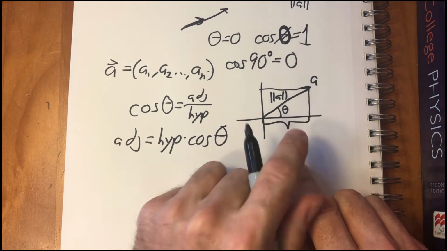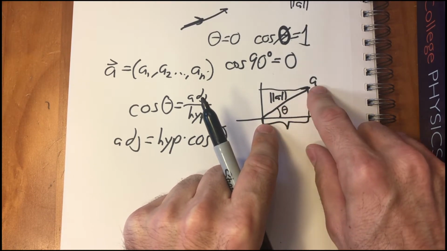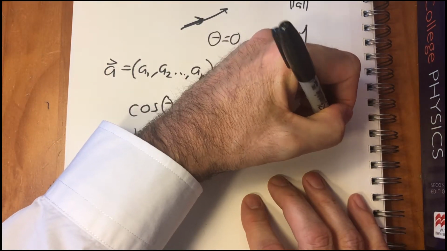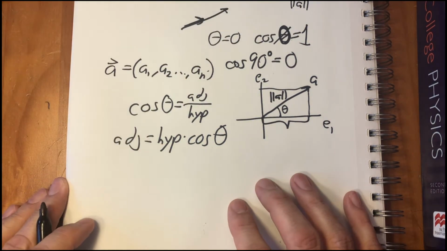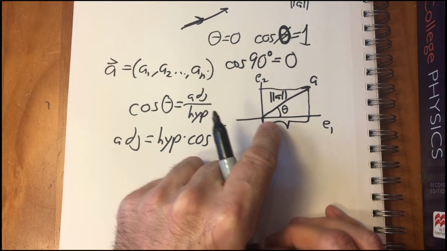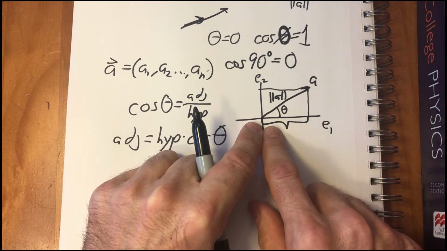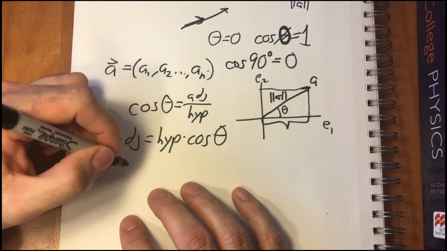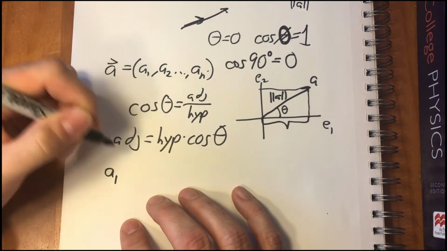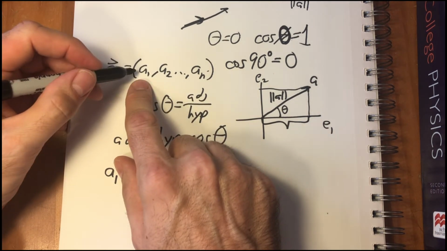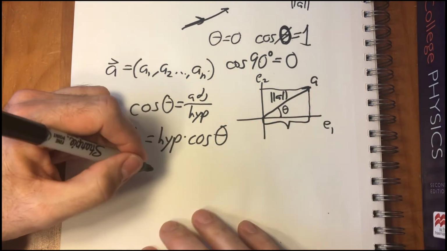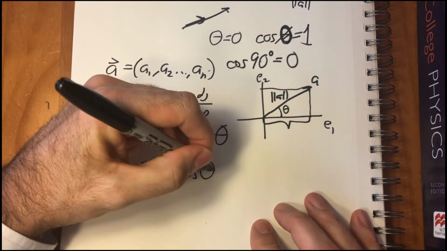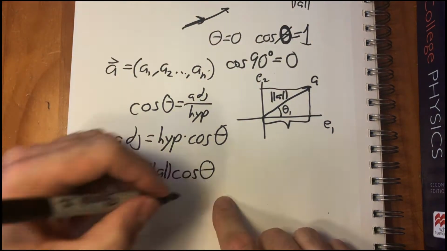So if what we want is the component of A along the x-axis, then we can call this E1, this E2. We can see that if this is the vector, then the component that's along the x-axis is exactly, say the first element here, the length of A times the cosine of this theta.